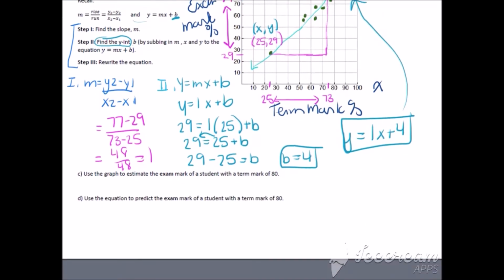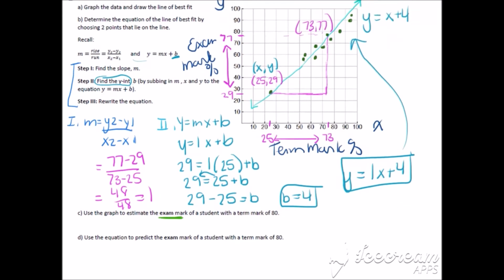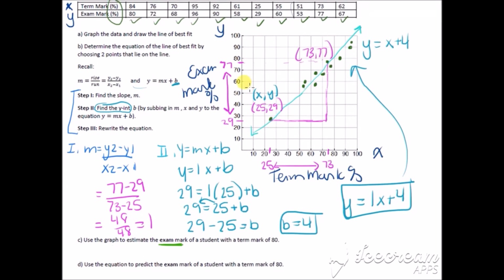Now we can actually use this line to solve for C and D. There's a typo here. Use the graph to estimate the exam mark of a student with a term mark of 80. No, we're good. So we want to estimate the exam mark.